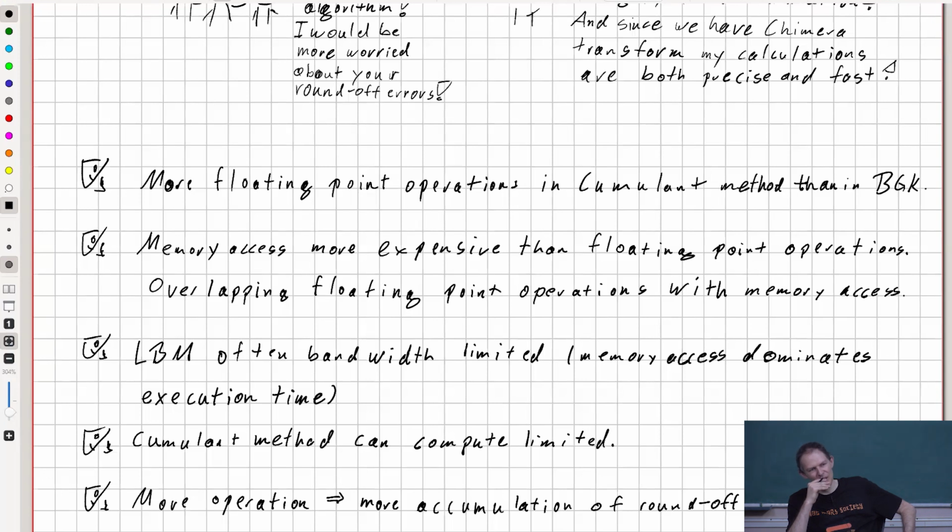Yeah? So many numerical methods use implicit methods, where you have an iterative method to reduce a residual error. For these iterative methods, it does not really matter where the error is coming from. So the error could be the residual from the last iteration, but it can also be the round-off error.